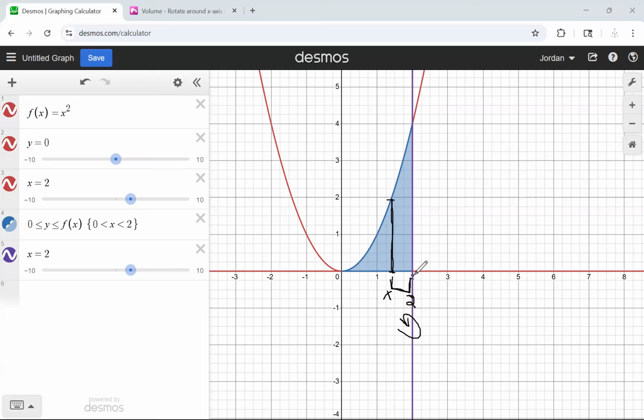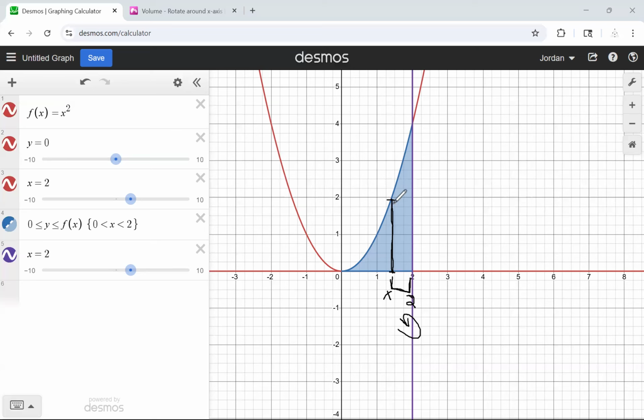However, since 2 is bigger than all the x values I'm dealing with, if I do a 2 minus x, I'll get a positive radius. When I plug it into the shell method, it's important that I have a positive radius, or otherwise my integration comes out as negative. So that's how we do it.